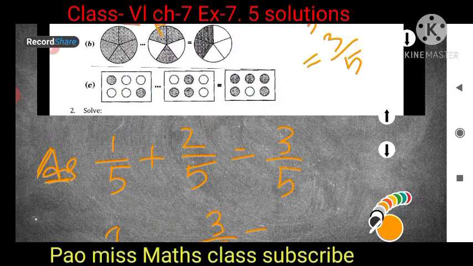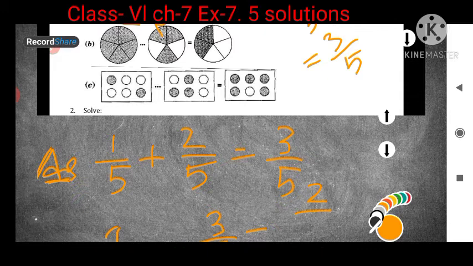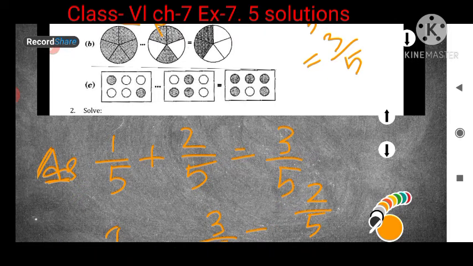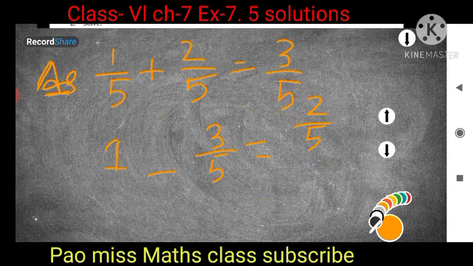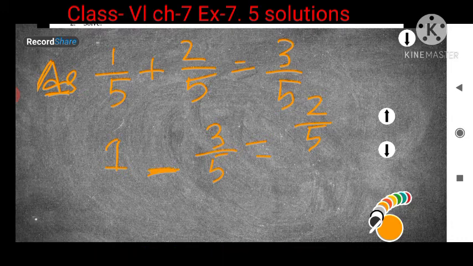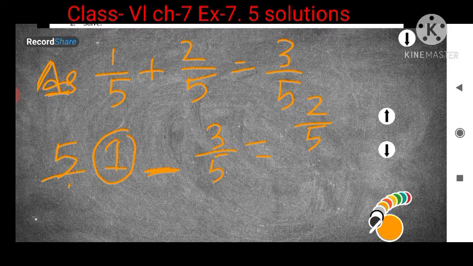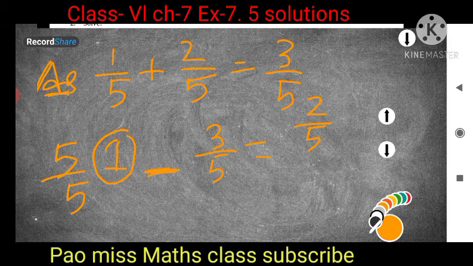And the answer is equal to 2 upon how much? 2 upon 5. That means this will be minus, isn't it? Why minus? Because 1 full means 5 out of 5. From 5 out of 5 we have subtracted 3, so it becomes 2 upon 5.